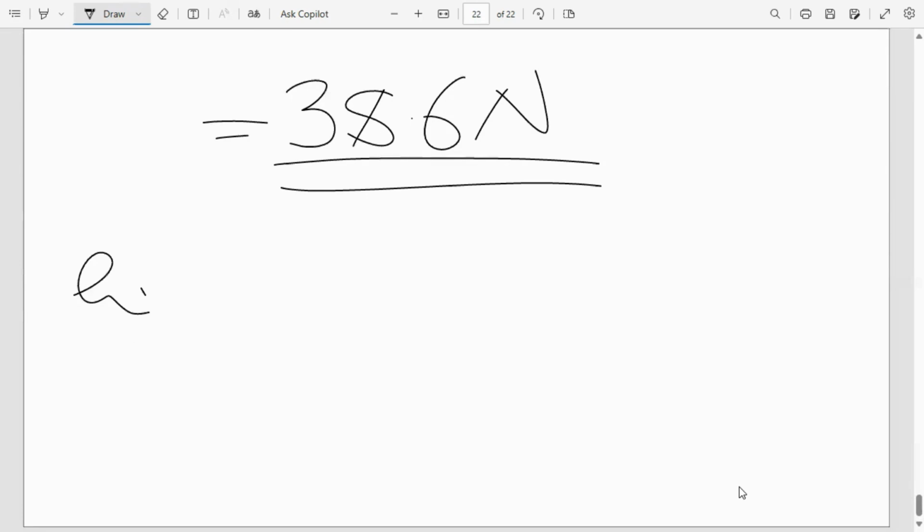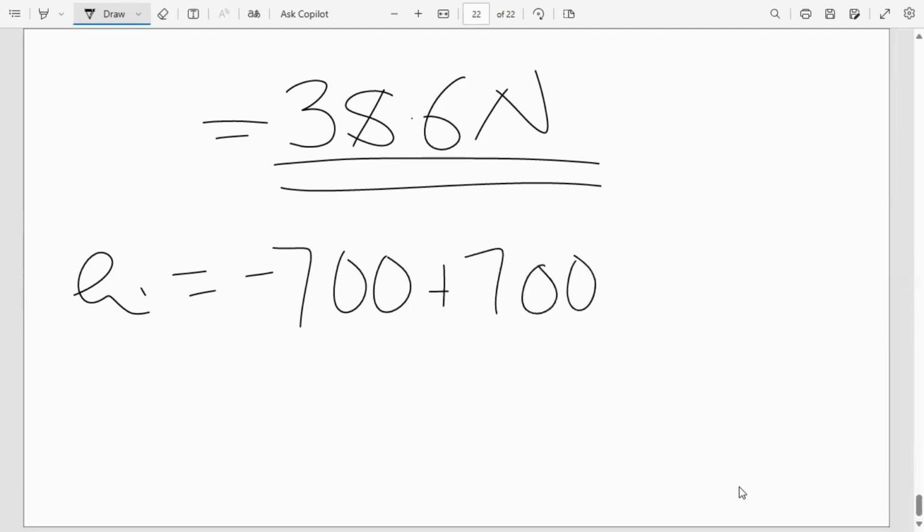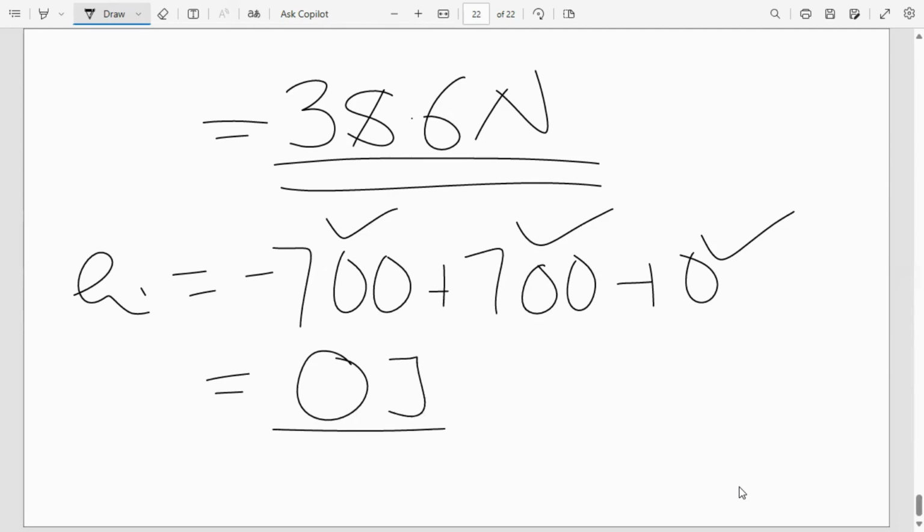We have negative 700, which is the work done by friction, plus 700, which is the work done by the shopper, plus 0, which is the work done by gravity. So it is work, not force, sorry. If we add this together, we're going to get 0 joules.